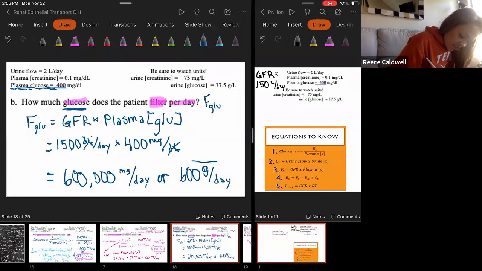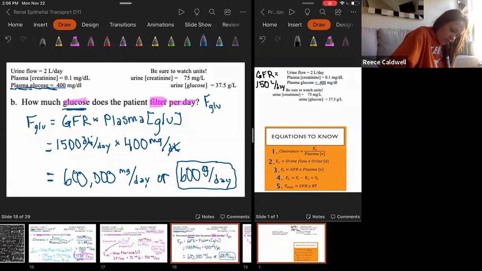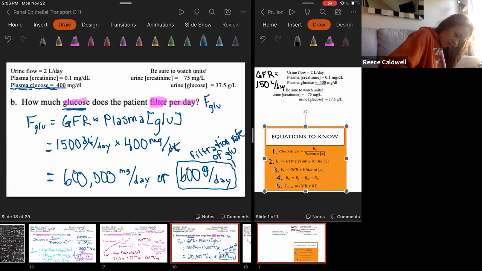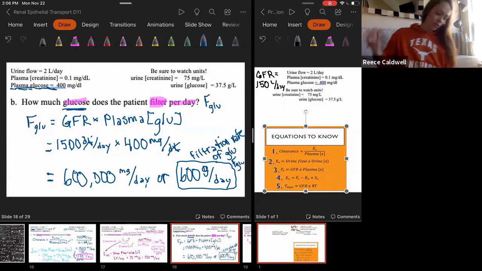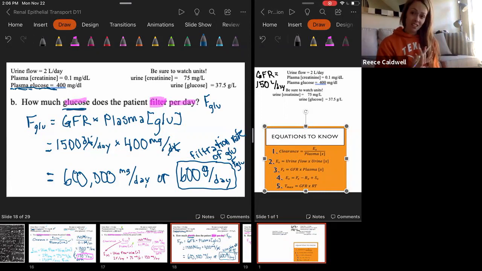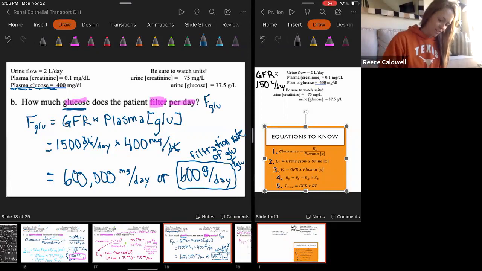So that is our final answer, telling us the filtration rate of glucose. This is how much glucose we are filtering per day. So we're filtering 600 grams of glucose. That's a lot of grams of glucose to be filtering a day.